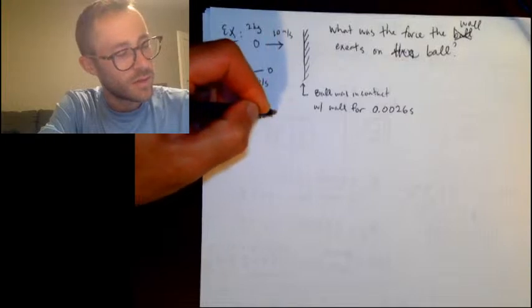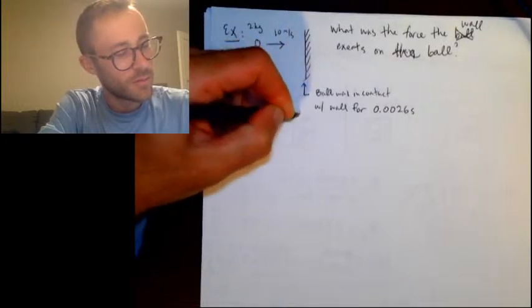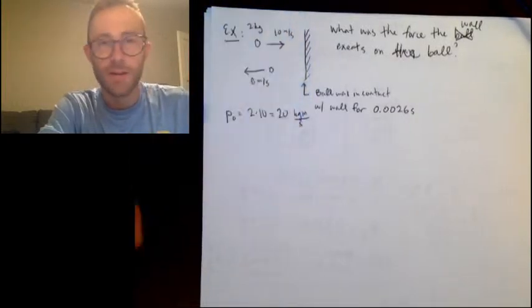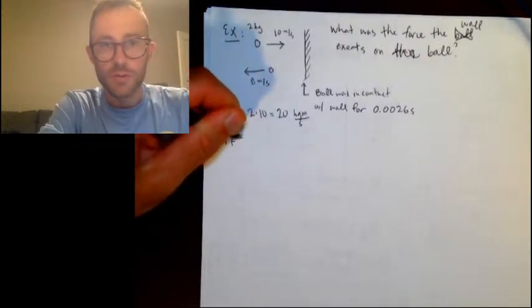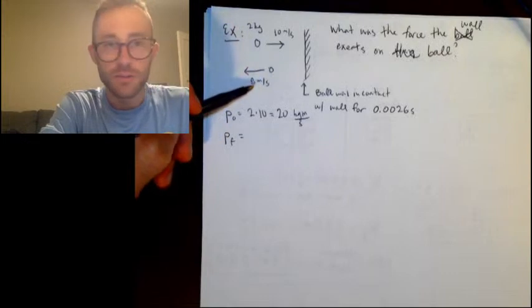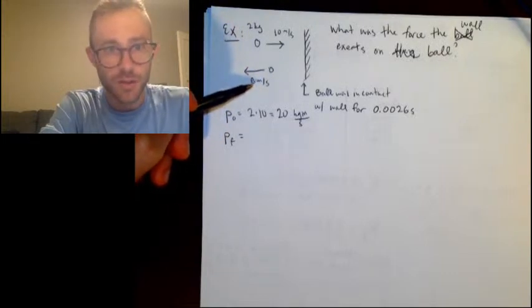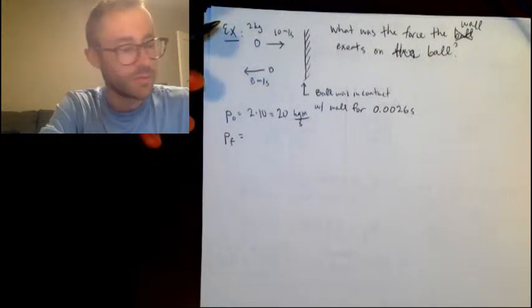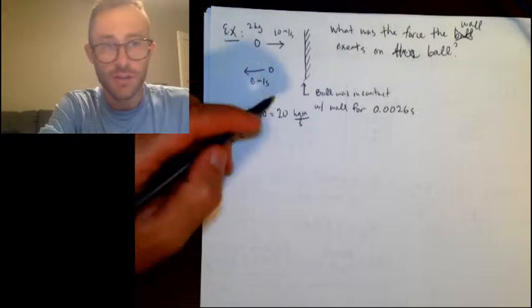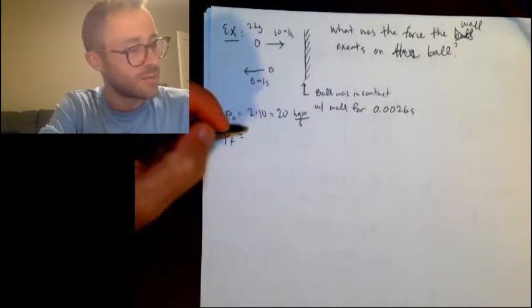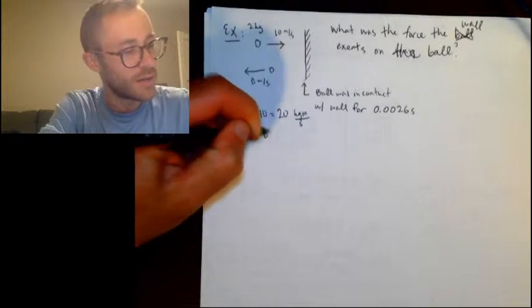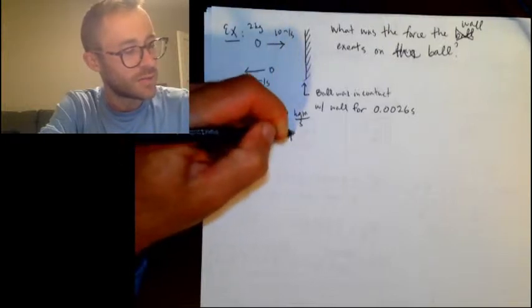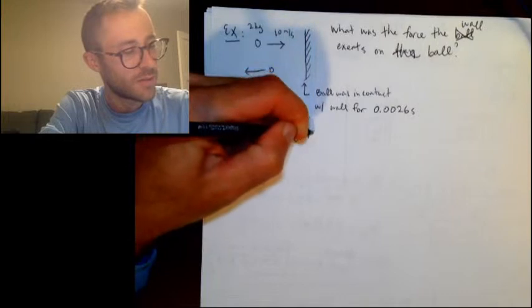Okay, so if we look at this, the original momentum is 2 times 10 equals 20 kilogram meters per second. Okay, the final momentum, it's important to realize that the final speed is 8 meters per second, not the final velocity, but the final speed. So the velocity is actually going to the left, so it's negative. So the final momentum is 2 times negative 8, which is negative 16 kilogram meters per second.